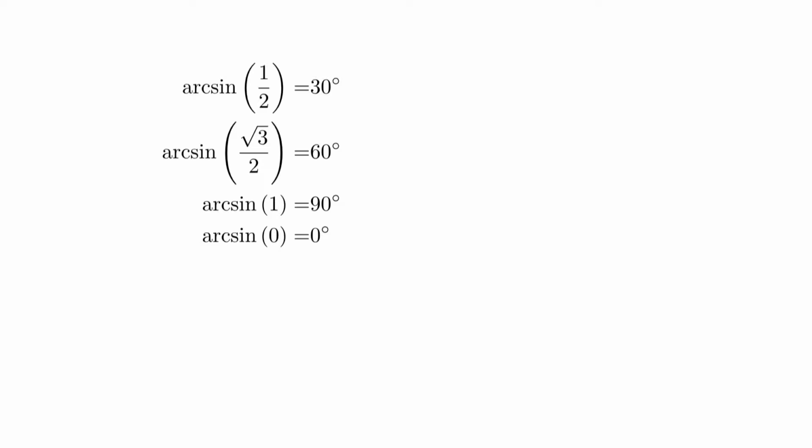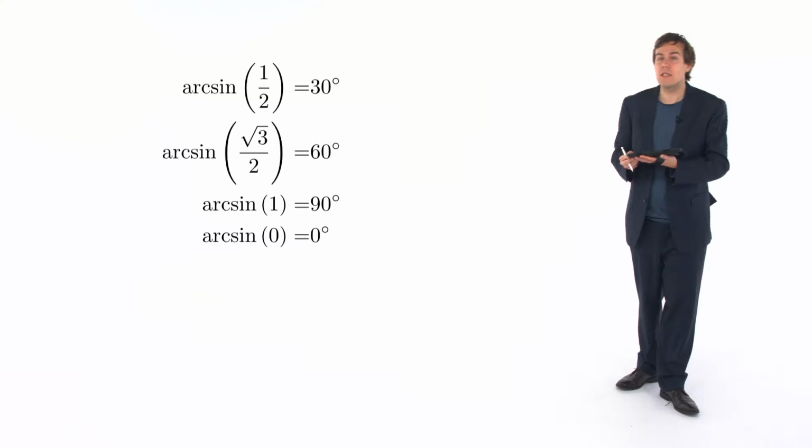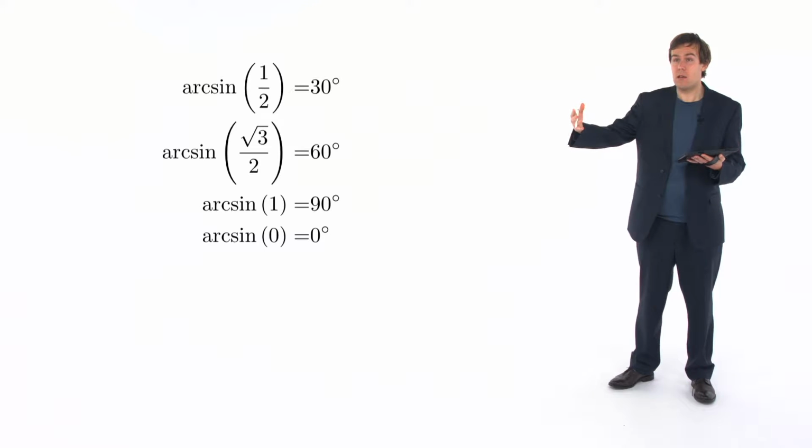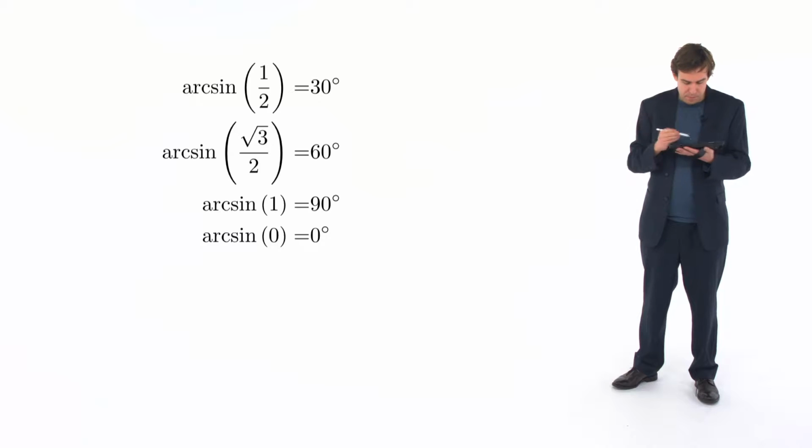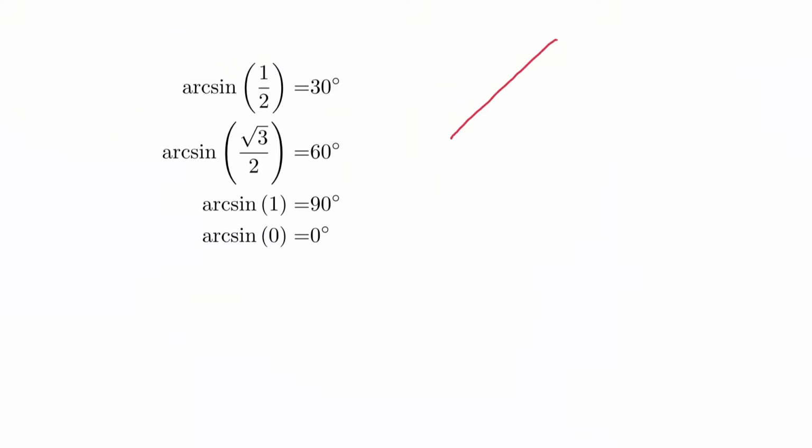So let's try to understand this. My claims are as follows. Arc sine of 1/2 is 30 degrees. So what does this really mean? Well, let's draw a picture here.